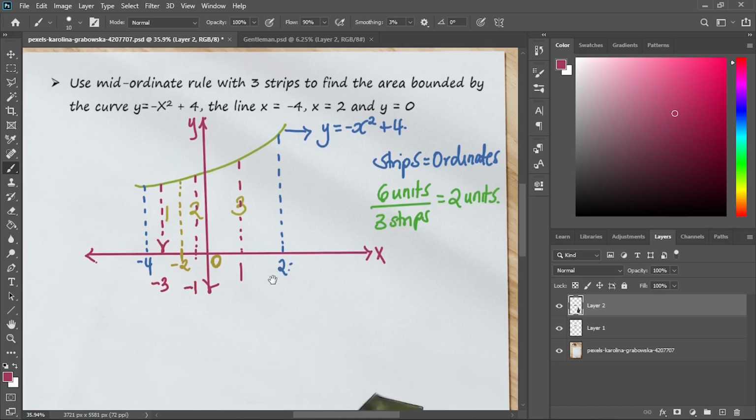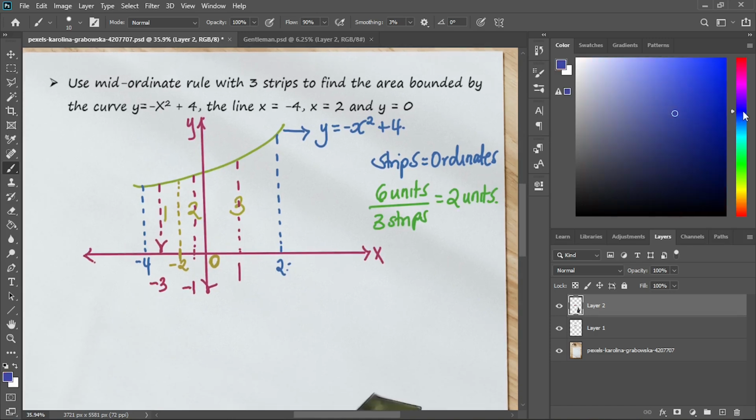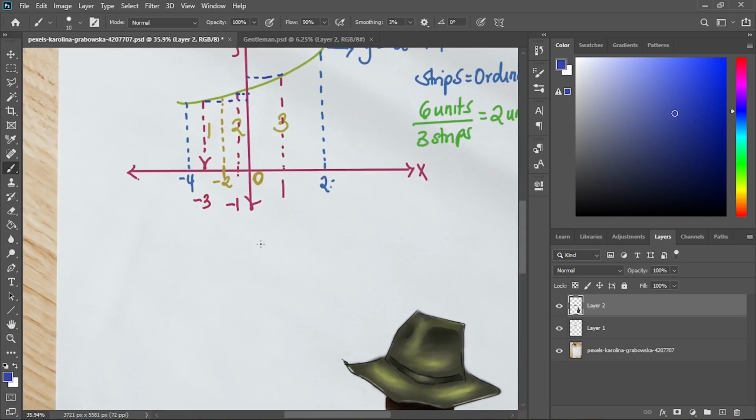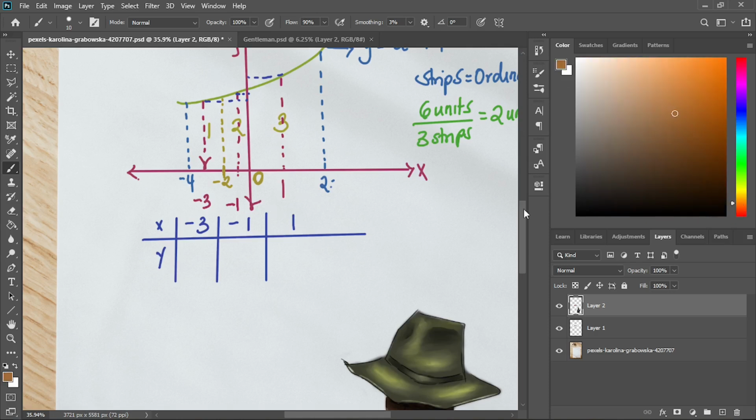So the ordinates will be the values of y at this point, at that point, and at that point. To be able to know that, we're going to use a table. We'll have the value of x and y. The value of x is where the ordinates are coming from. The first one is coming from negative 3, the second one from negative 1, and the last one from 1. So we take the value of x and replace it in the equation, y equals negative x squared plus 4.